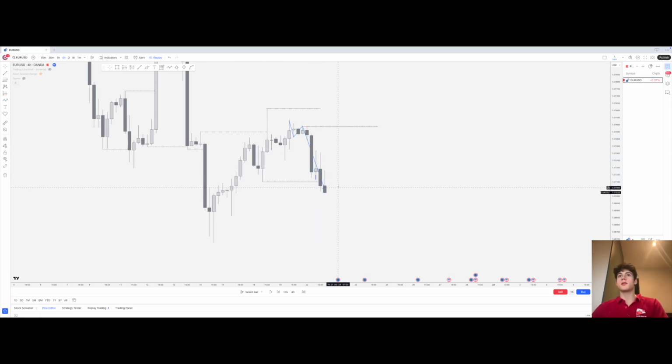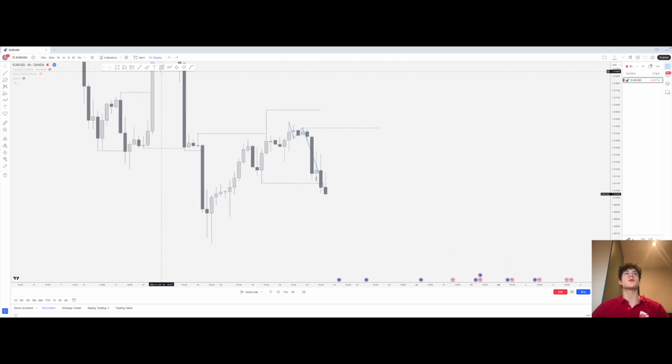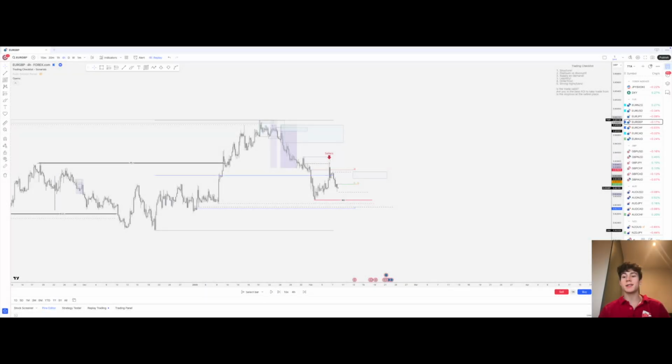So then this becomes your fractal high, because over here you can see that this wick is above this wick. Okay, so you can see that we had a pullback. Over here you cannot see that we had a pullback, because this wick trades under this wick, so you are just moving down.